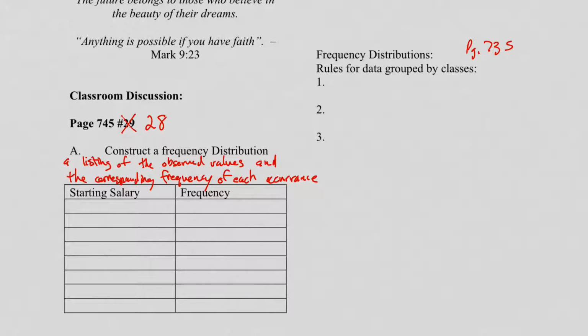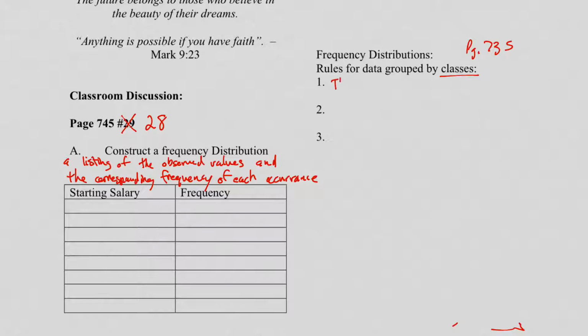When we group the data, we call them classes. So how are you going to organize it into classes? These are just the categories that we want to use so that we can divide our data into different groups.